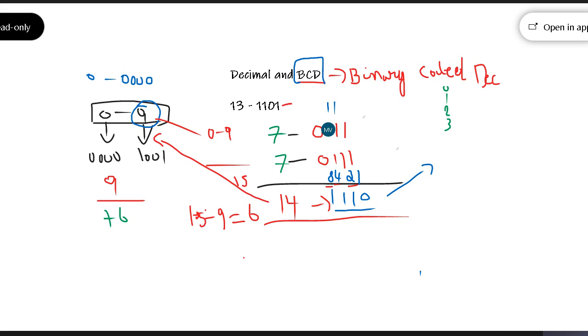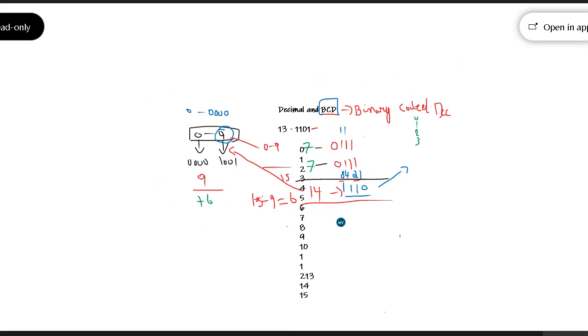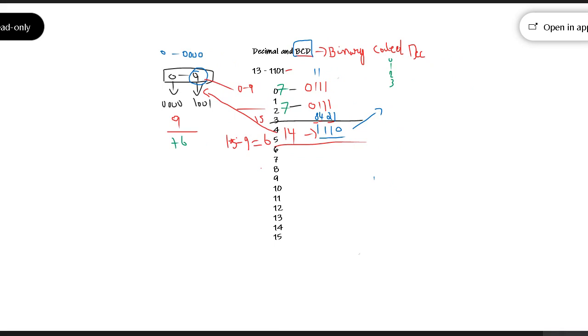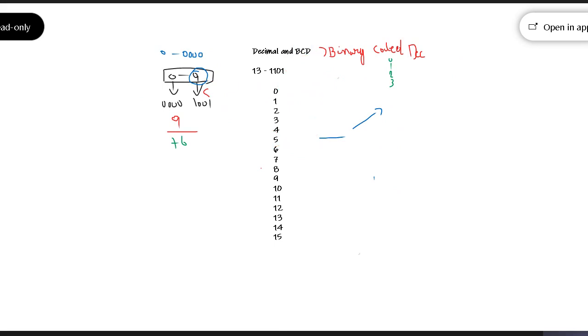So 0 to 15. Now, what happened here? You can represent only up to 9 in BCD.